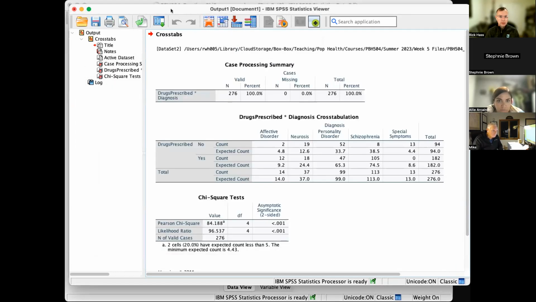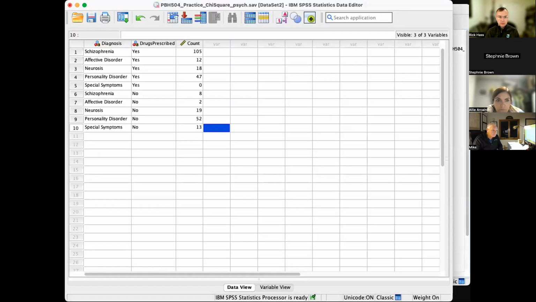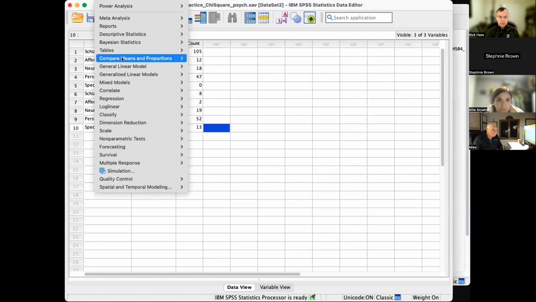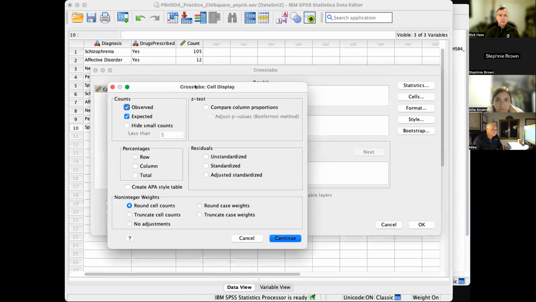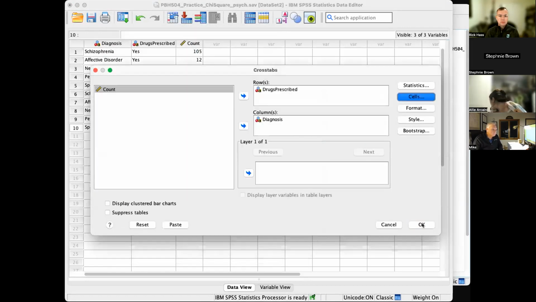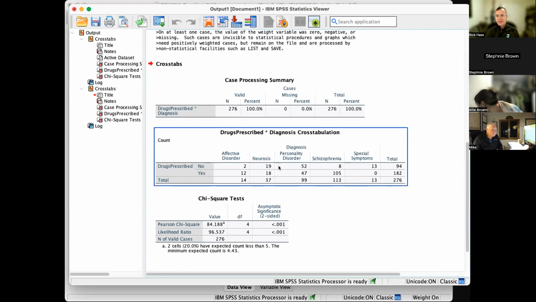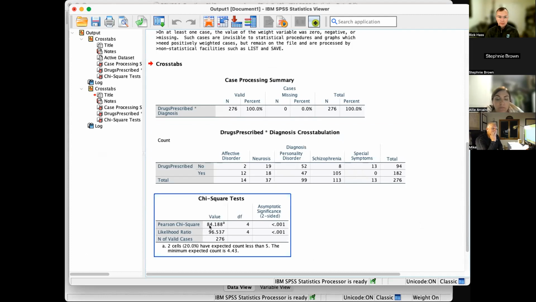Oops, wrong data set. It looks a lot nicer when we don't ask for the expected counts, but everything else is the same.